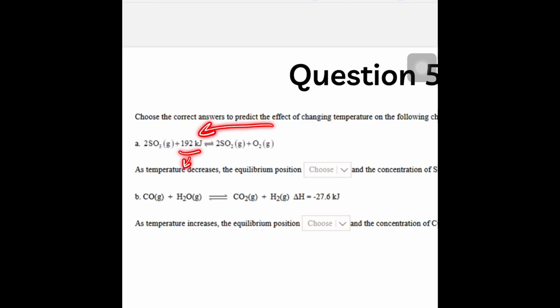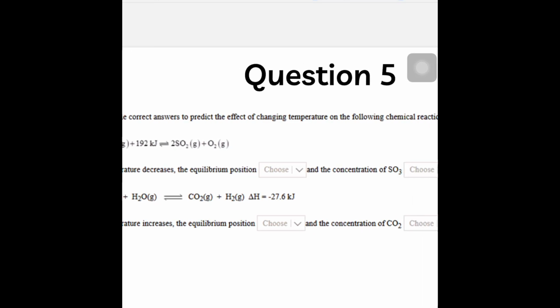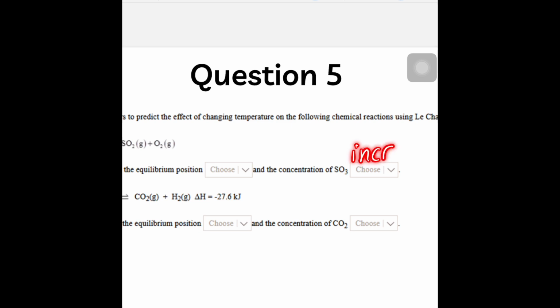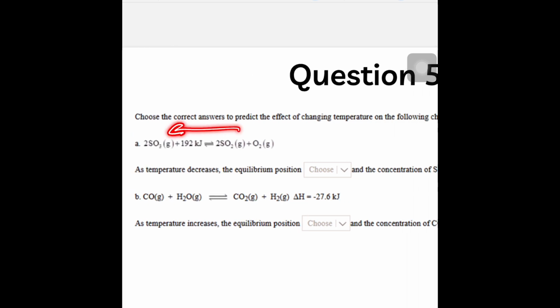Whenever you decrease something, the system wants to increase it. So the equilibrium position is going to shift backward to restore this energy, and the concentration of SO3 is going to increase because it's shifting toward this side.